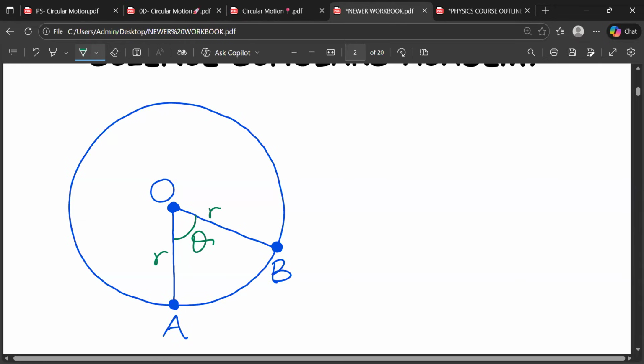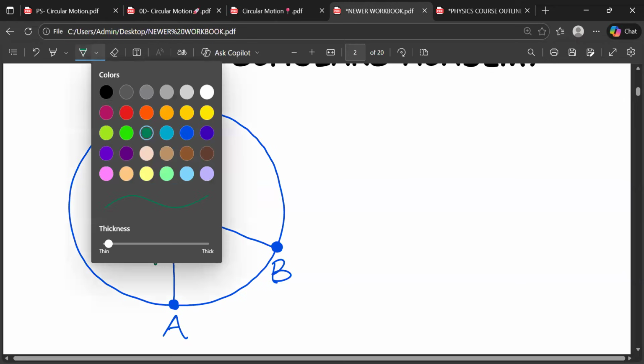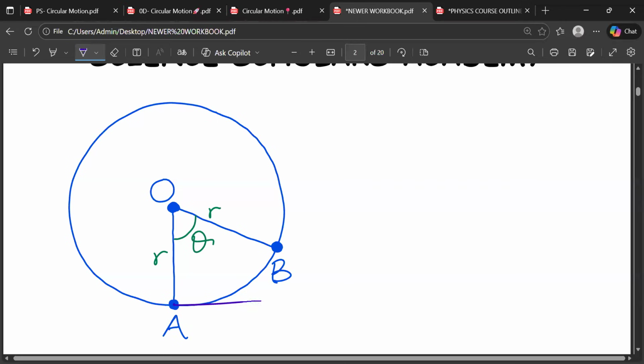Then I remember telling you about the linear speed, the v, the one that is always a tangent to the circular motion. So I'll come and show it at this point, like that. Then also come at this point B and show it like that.